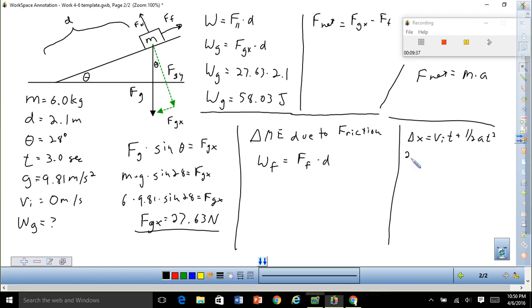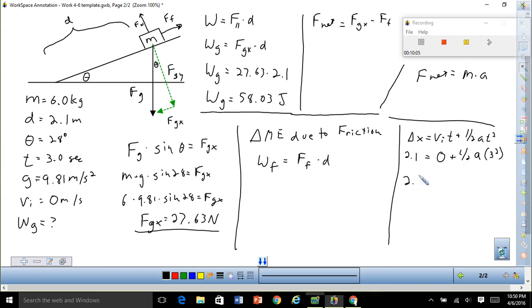So 2.1 equals, now our initial velocity is 0, so that's going to zero out that whole term, plus 1/2 times a. It is not in free fall, it's sliding along the ramp, and remember that a is actually what we're looking for. And t is 3, so that's convenient. We'll put 3 there, square it, and press on from there.